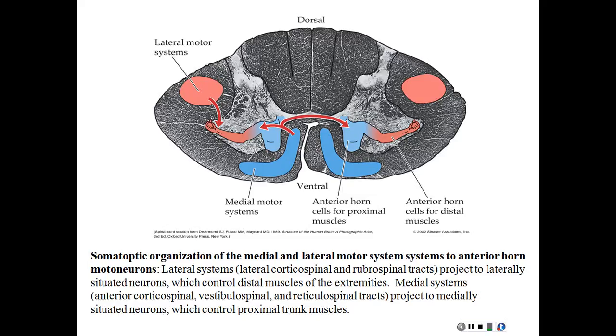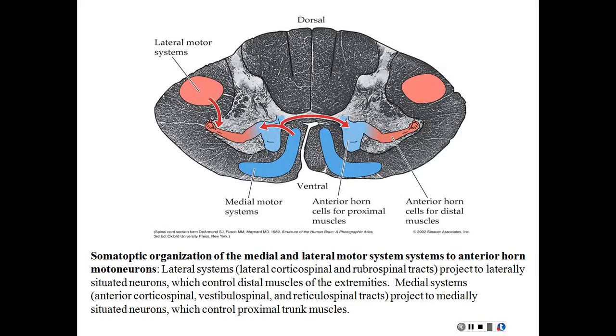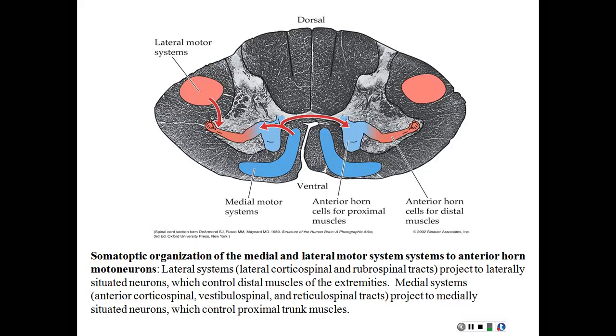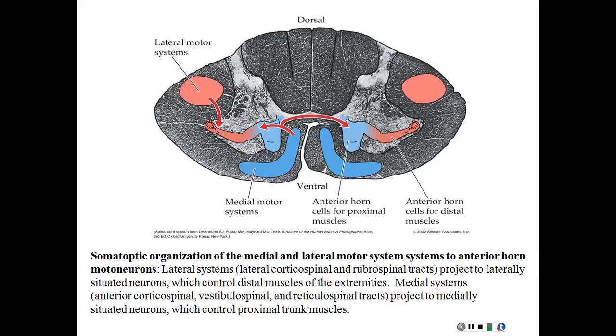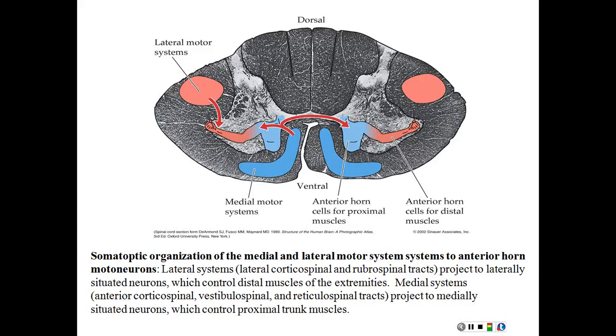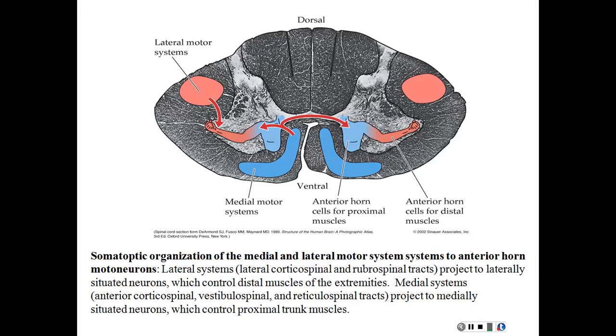So it's definitely on the same side. But look at these other pathways. For the more medial aspect of the body, they're receiving information from the left and the right side of the brain. And it's not that big of a deal because it's really not all that precise. And maybe that sharing of information is a way of lessening the load, because this is much more interesting than the merely shrugging of your shoulders, right?